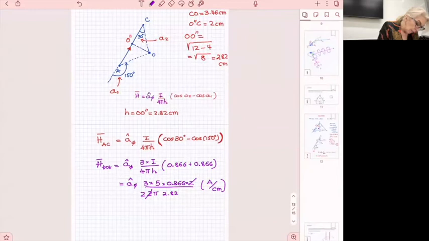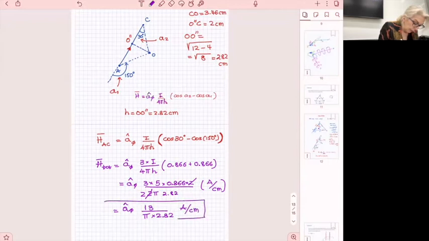And then we have A phi is going to be 15 times 0.866, which is 12.99, say about 13, divided by pi times 2.82 amperes per centimeter.